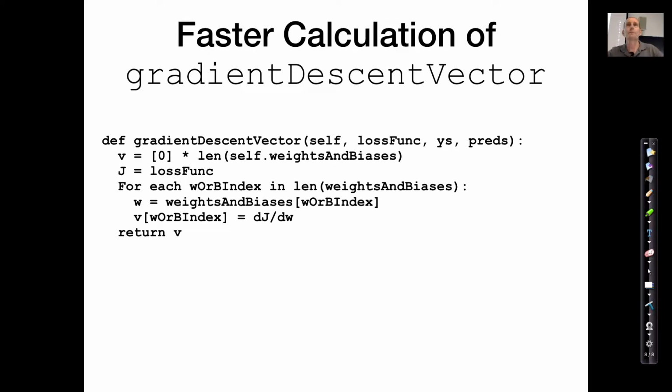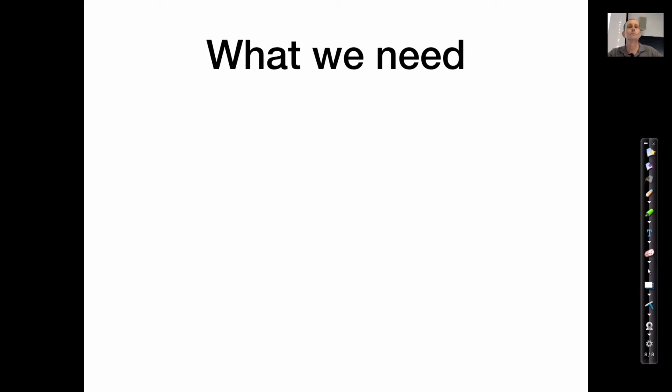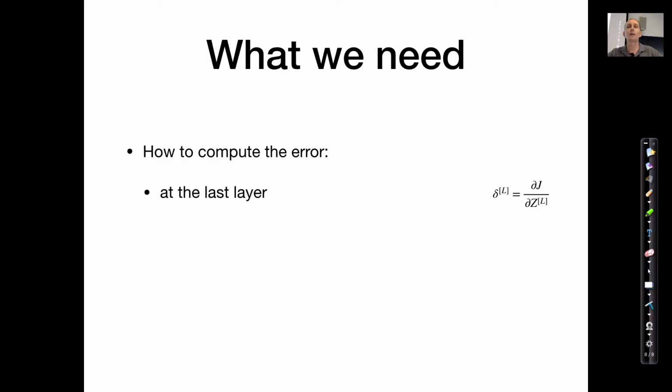All right, questions? All right, let's look at how you can compute your gradients layer by layer in your neural network. Okay, so we want to compute the error at the last layer. And this is a repeat of part of what I talked about last week. But we're defining delta.